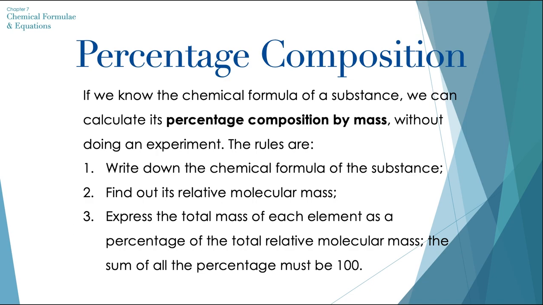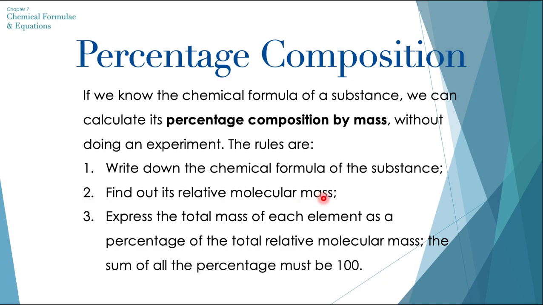The percentage composition of elements in a molecule. So if we know the chemical formula of a substance, we can calculate its percentage composition by mass without doing any experiment. So the rules are: number 1, we write down the chemical formula of the substance, like H2SO4. Number 2, we find out its relative molecular mass, as we just did previously.